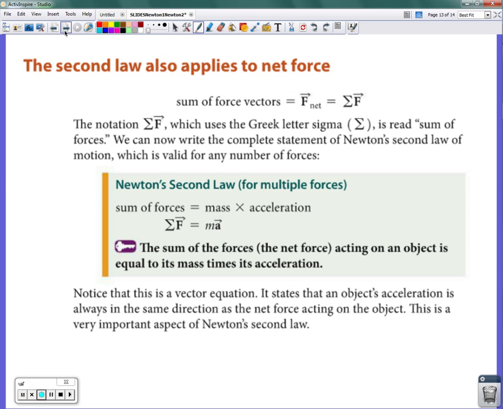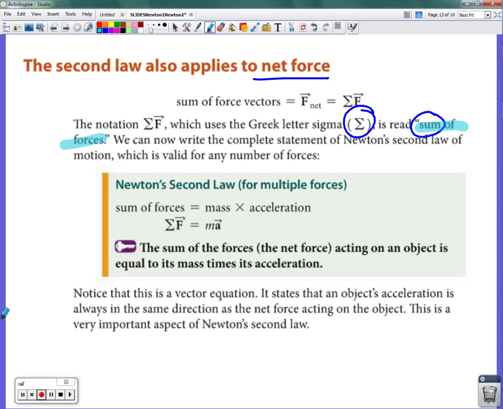We can apply Newton's second law to multiple forces, or to what we call the net force. We use the Greek letter sigma to represent the sum. So anytime the Greek letter sigma shows up, it's representing the sum of something. If it shows up in front of an F, it's representing the sum of all forces.